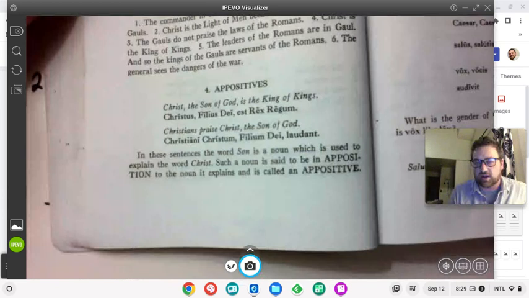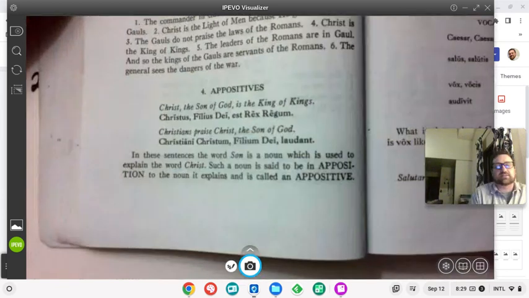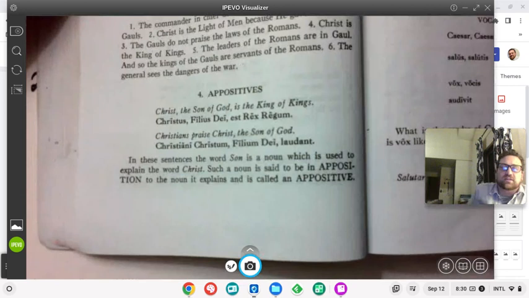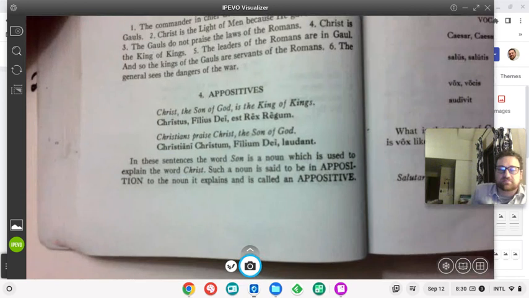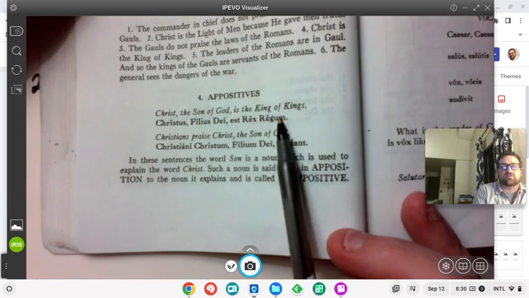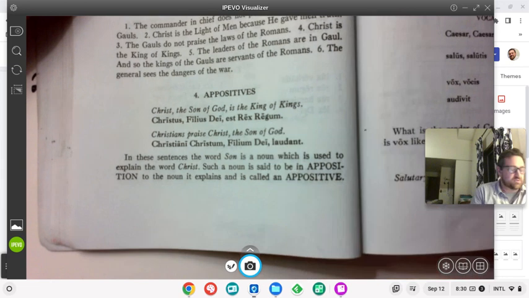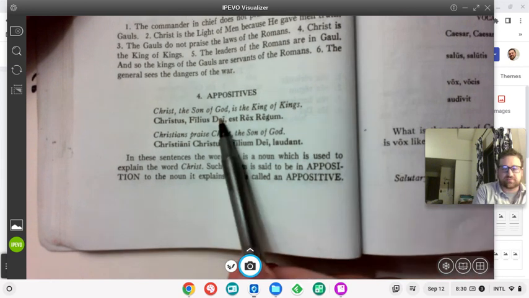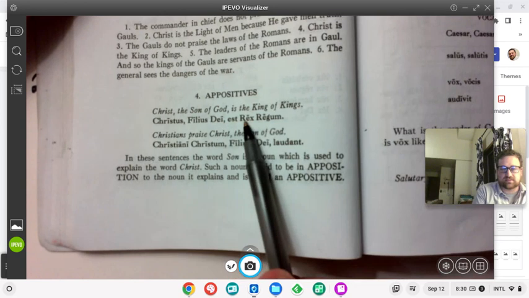Okay, the first sentence here says, Christ, the Son of God, is the King of Kings. And it's showing you how to say that in Latin. Christus, filius Dei, est rex regum. So Christ, the Son of God, is King of Kings.